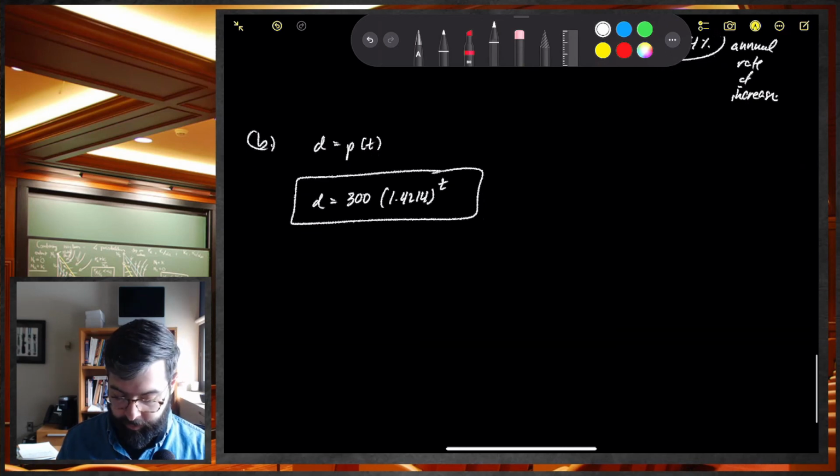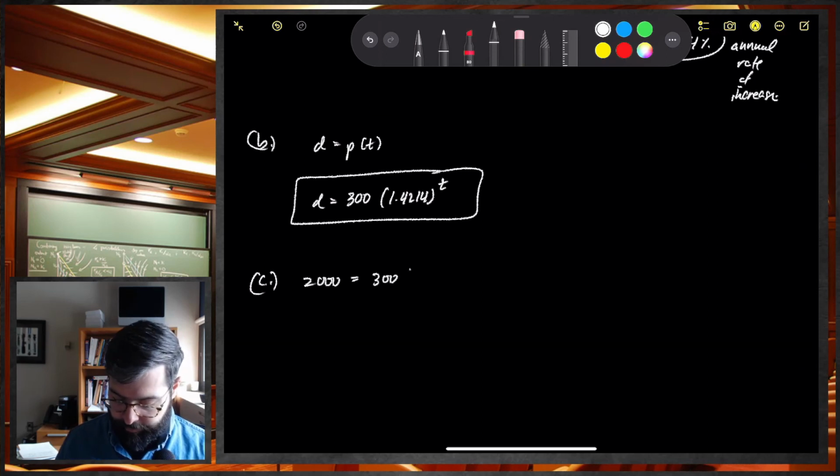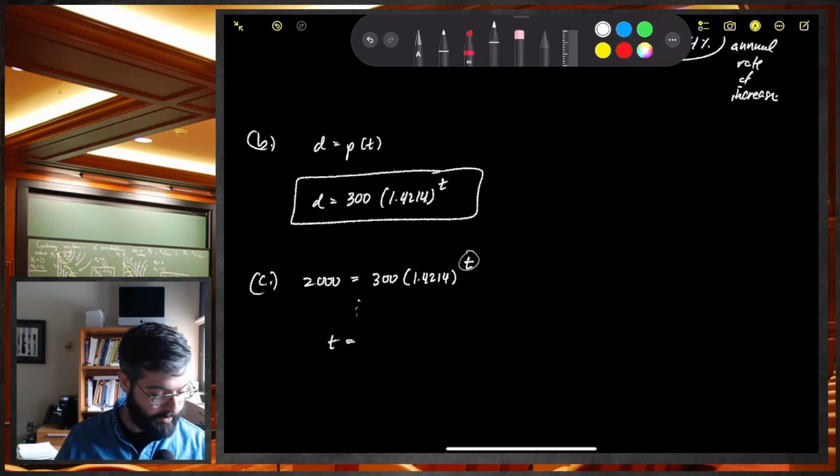All right. And for C, grab an equation that will determine the year when the 2000th store is open. So that would be 2000 equals the right-hand side of my equation. And then we're obviously solving for t. And this should come out to be, depending if you do this graphically or algebraically, either one would be all right, 5.39-ish, which means, and it asked what year will this happen?